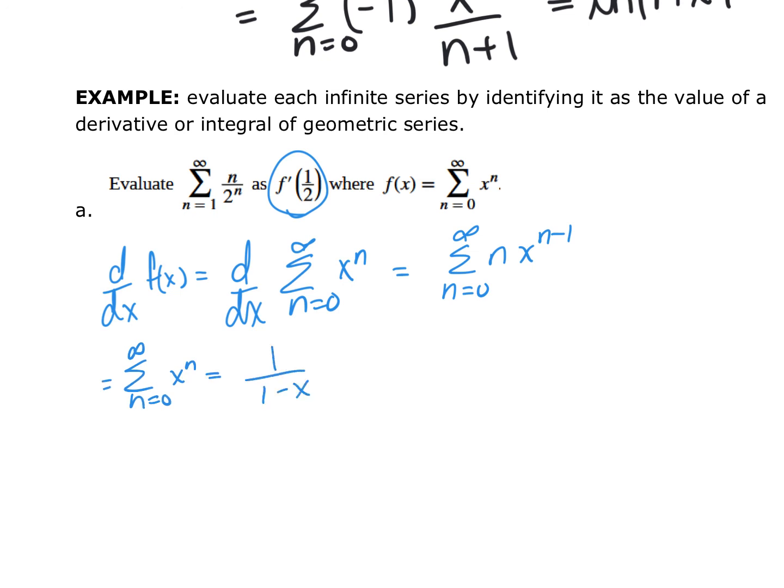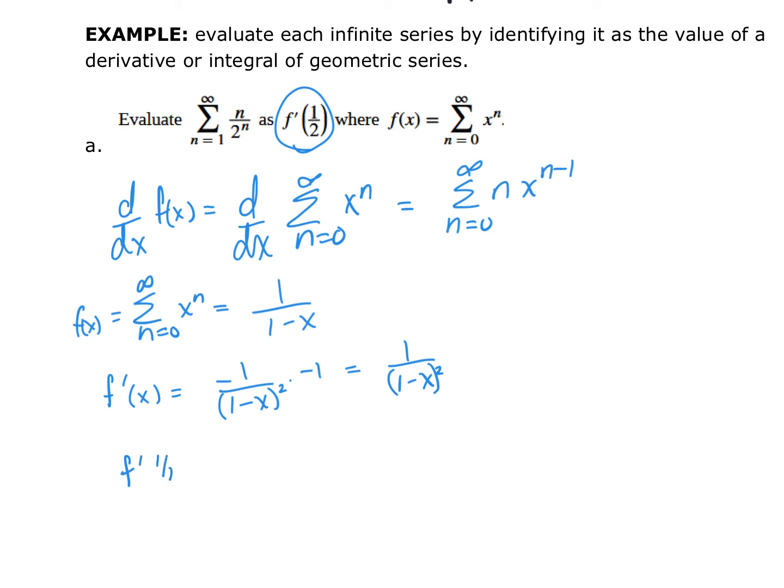So that's also equal to f of x. So f prime of x is equal to, by the chain rule, negative 1 minus x, the quantity squared, multiplied by negative 1, which gives me 1 over 1 minus x, the quantity squared.